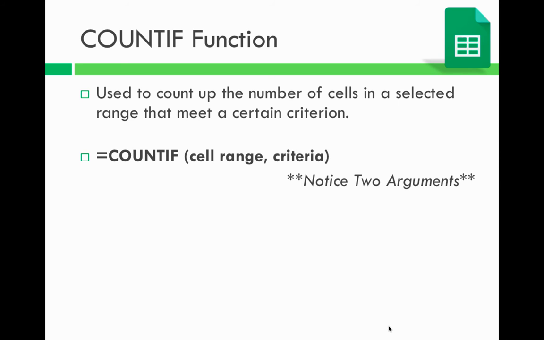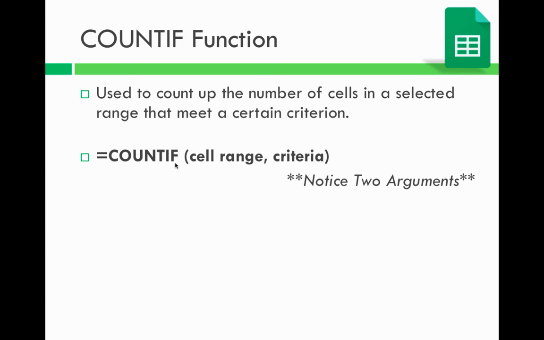Now, this is going to be a little bit of a change from what we've been doing so far. Up until this point, we've always had equals, name of function, open parentheses, and 9 times out of 10, we've put a cell range in there, close parentheses, and we were done.